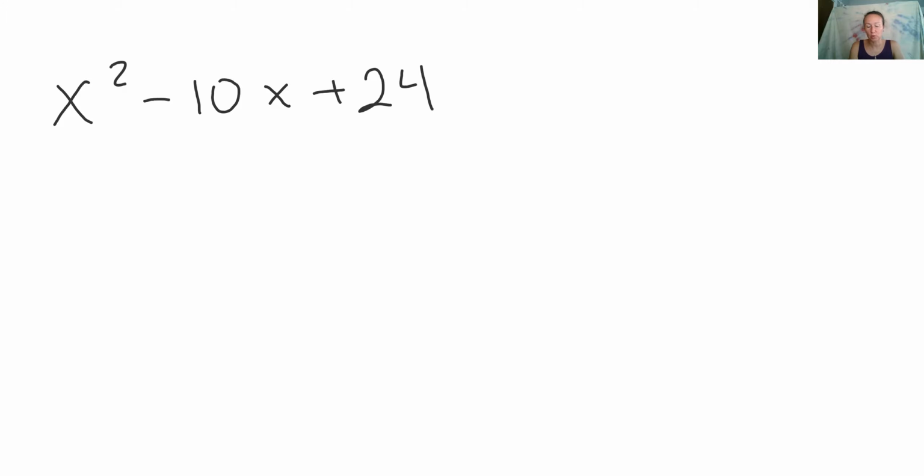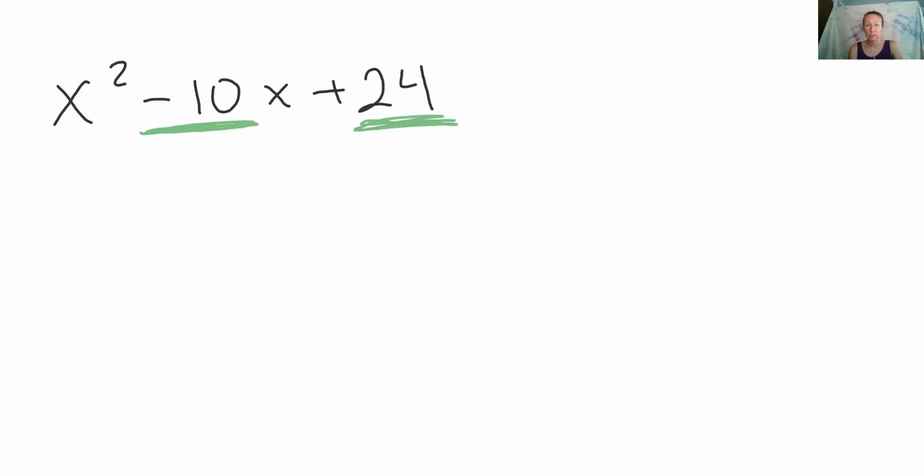So here we're going to use the technique where we want to find two numbers. They are going to add to this middle coefficient, and they're going to multiply to our constant term, okay? Those two numbers that add to -10 and multiply to +24, first of all, just looking at the signs, we know they both need to be negative.